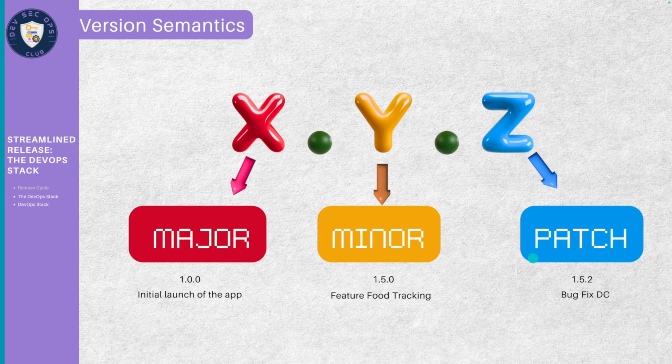So versioning is followed as 1.5.1, because here it was 0, so you could say 1.5.1. So you know, okay, in 1.5, your main application in version number 5, this feature was released, and in this feature the bug happened, and then the developers fixed the bug. So that is called patching.